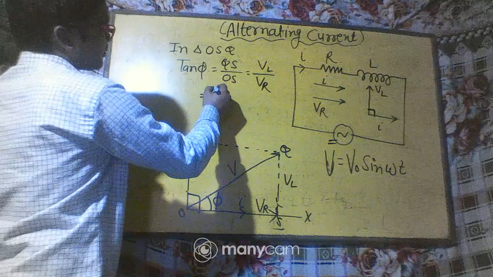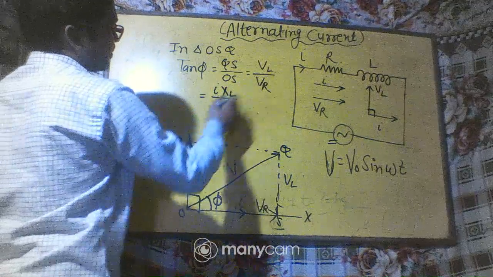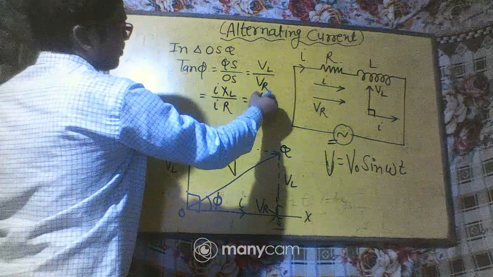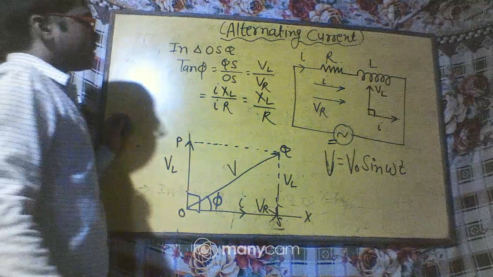Now in place of VL you can write I XL, and in place of VR you can write I into R. So it will be equal to XL upon R.